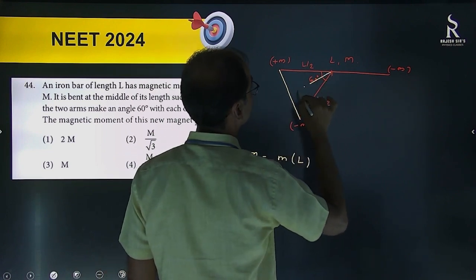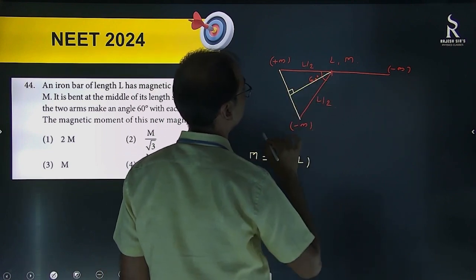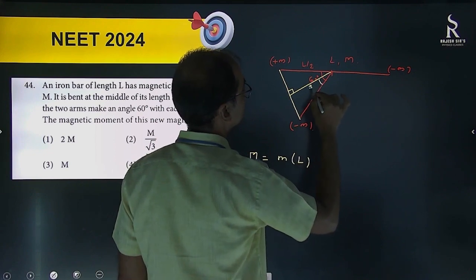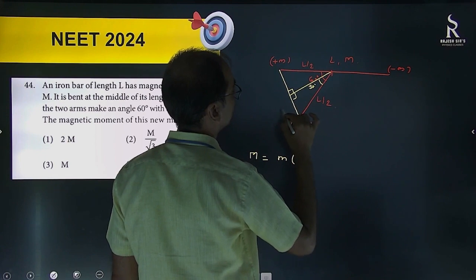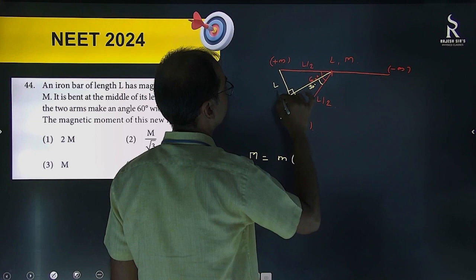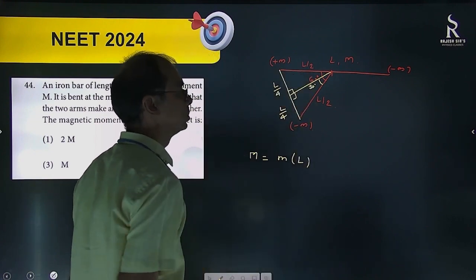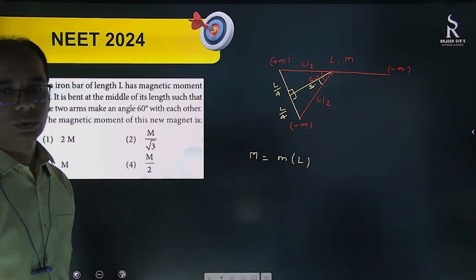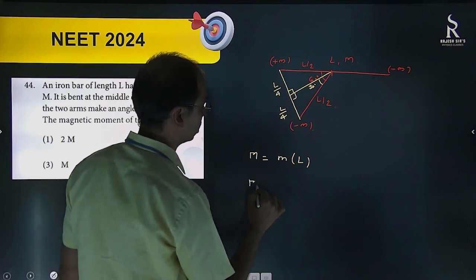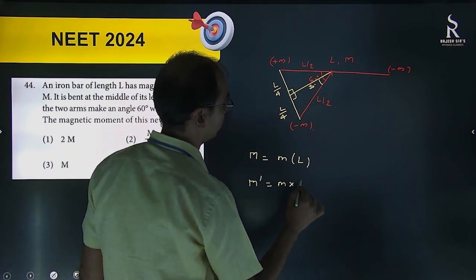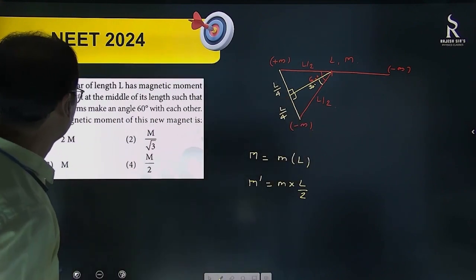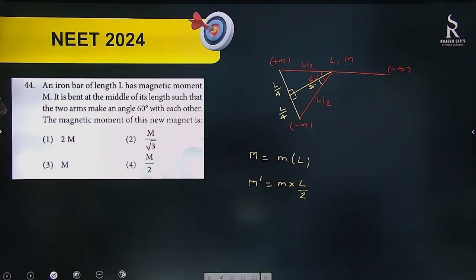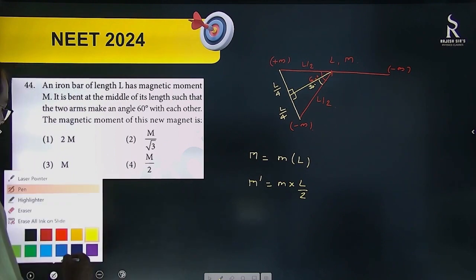So make a perpendicular over here, this is 30 degrees, and this is 90. So this will become L by 2 sine 30, which is L by 4. And this is also L by 4. So the length has become L by 2. So the new magnetic moment will be M into L by 2. So the magnetic moment has become half. So the answer is 4.